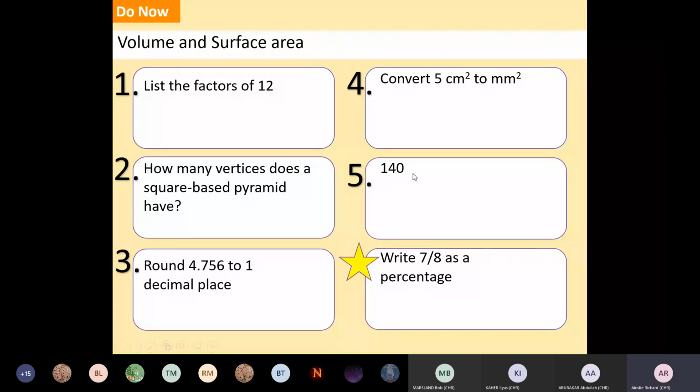Question 5 is to write that as the product of its prime factors. So a factor tree. Apologies, that question isn't finished off.